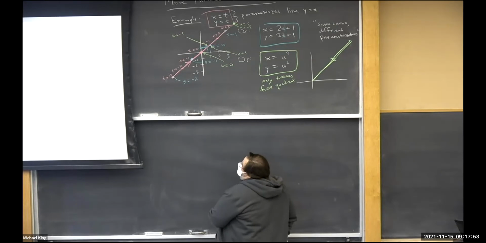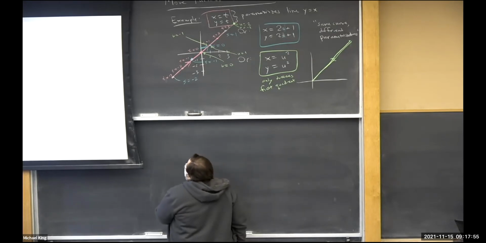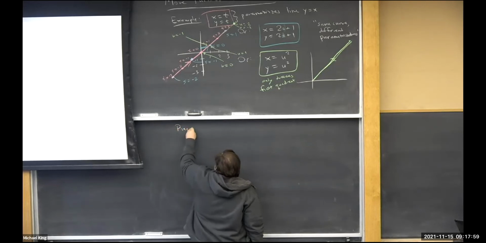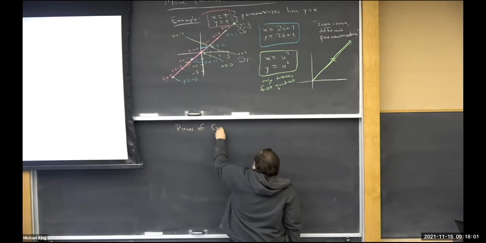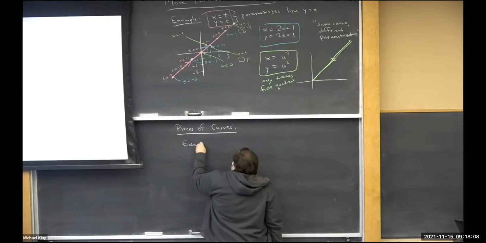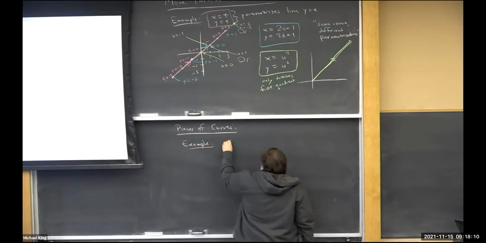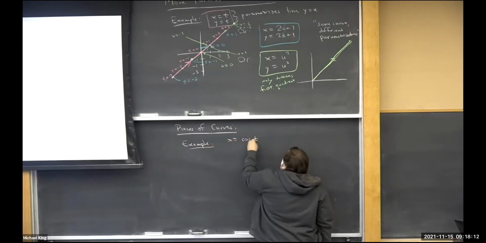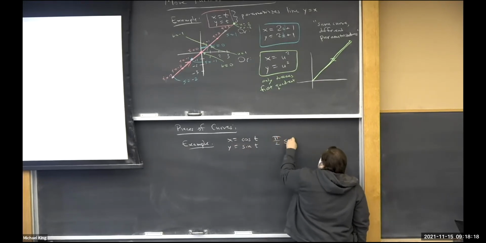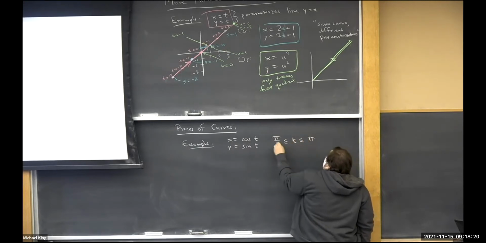So what about pieces of curves? What if I just said x equals cosine, y equals sine, but t is between pi over 2 and pi, right?